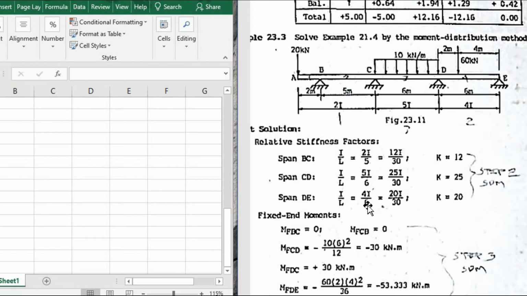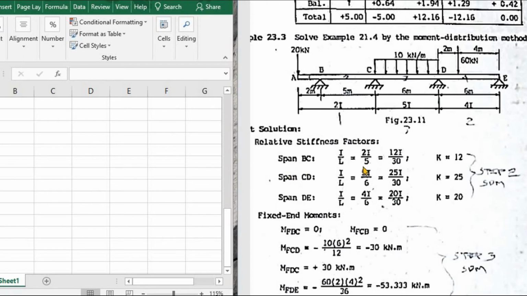And then, kukuha ka ngayon ng common multiple ng denominator ng 5, tsaka 6 and 6. And we have here 30. Okay, so 2 all over 5 is the same as 12 all over 30. 5 over 6 is the same as 25 over 30. 4 over 6 is the same as 20 all over 30.